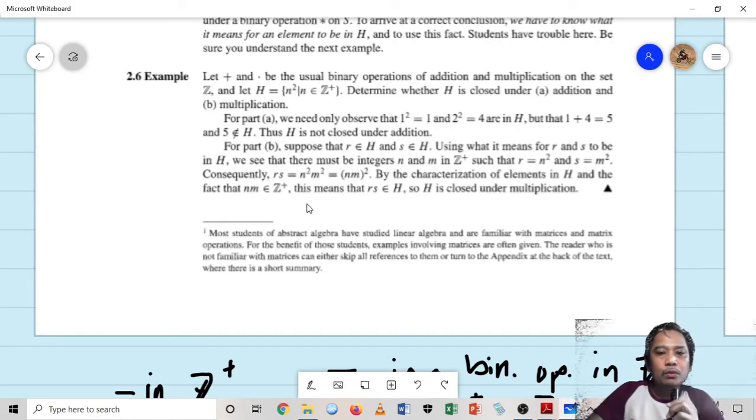Now, if we multiply R and S, by substitution, it will become N squared times M squared.